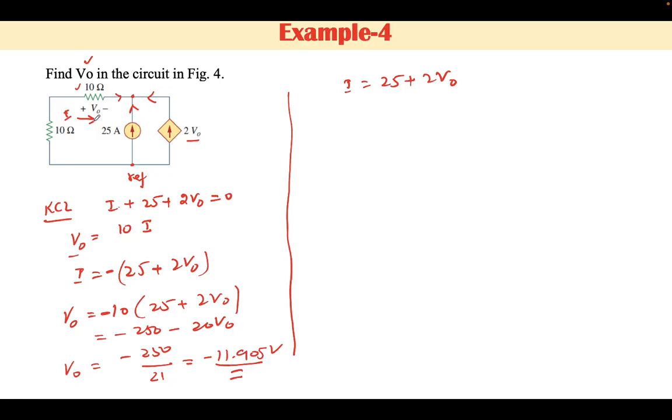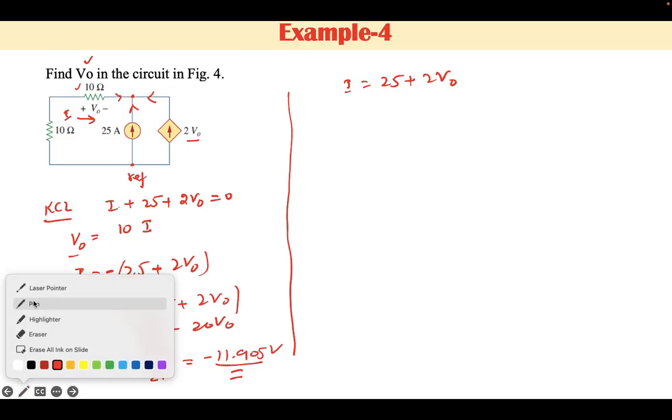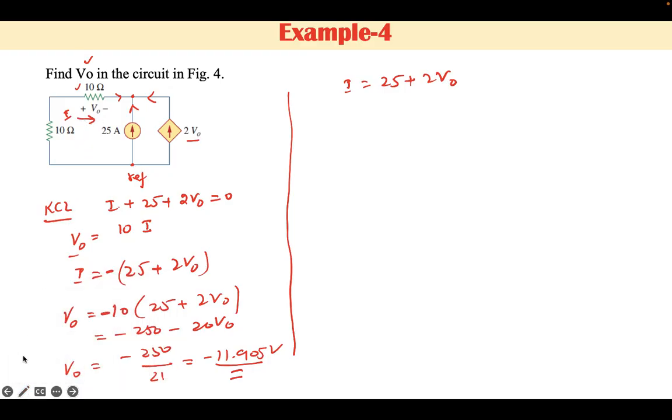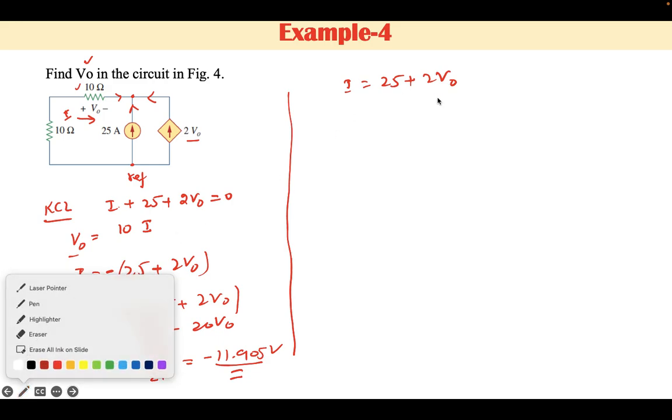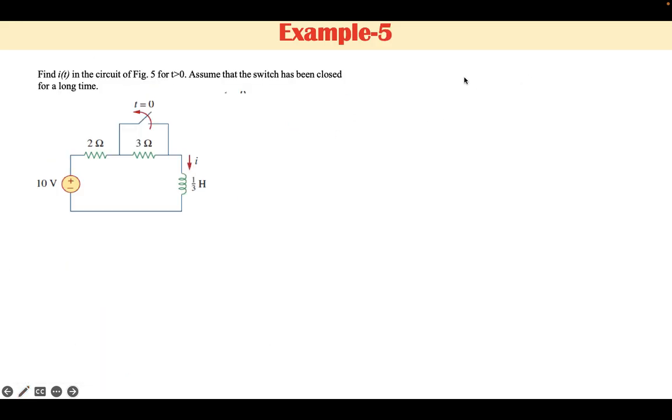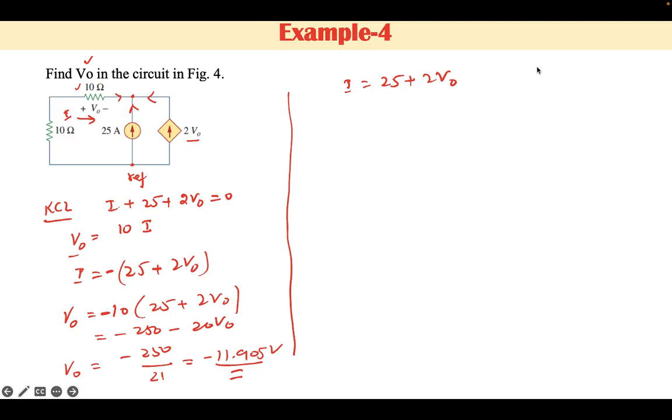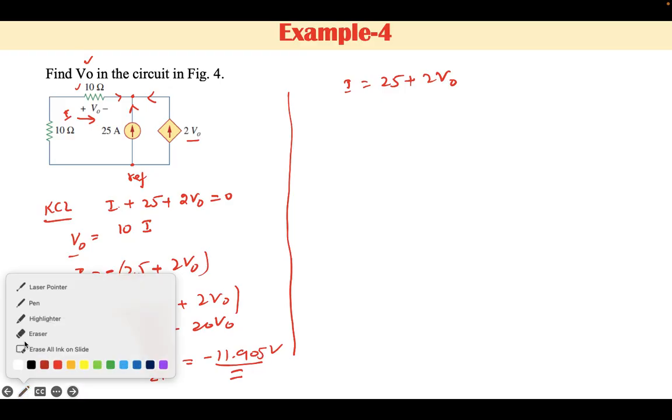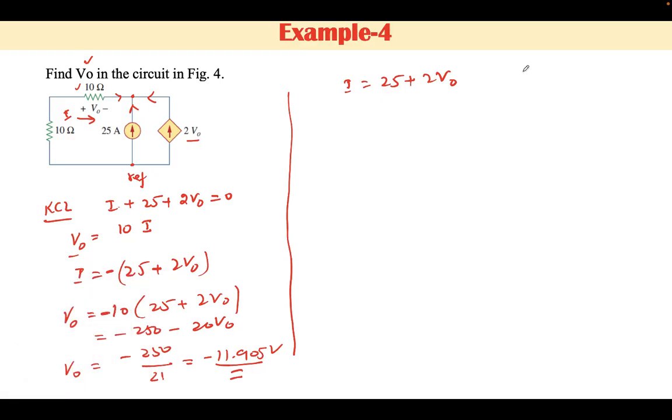If we are considering the direction opposite to the given one, now we are considering here the other network. Let's consider this current I inflowing in this direction.